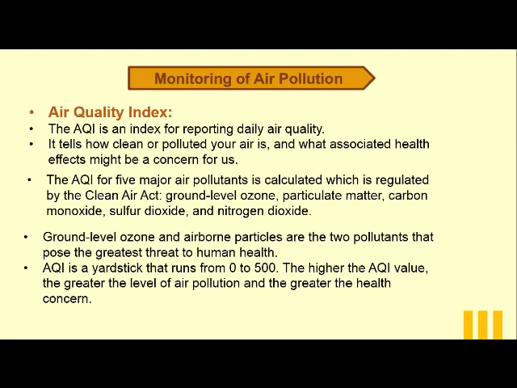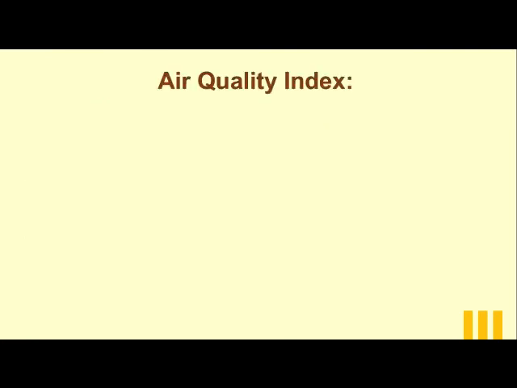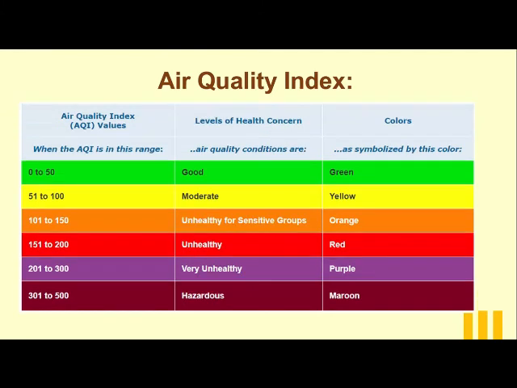The air quality index is a yardstick that runs from 0 to 500. The higher the air quality index value, the greater the level of air pollution and the greater the health concern. The air quality index can be interpreted as follows.